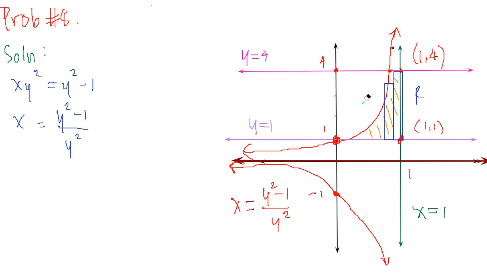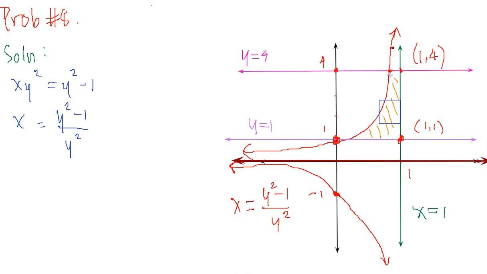However, let's try what will happen if we use the horizontal. What we're trying to do is find a way such that it would be easier for us to solve for the area of this region. Using a horizontal rectangular strip, this strip intersects the graph and x is equal to 1, which is good.